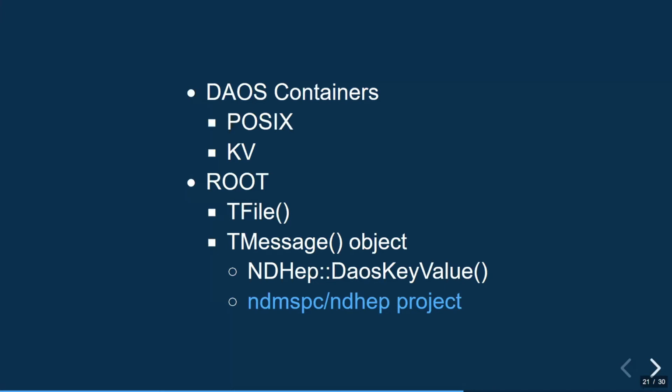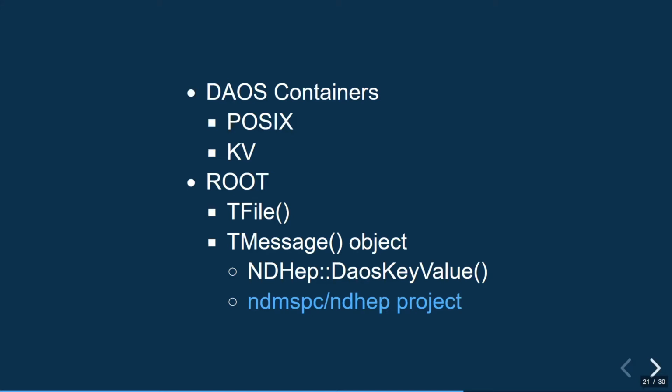We also implemented the DAOS key-value object, which uses the TMessage object, where users can save any ROOT objects as bytes, and then via the DAOS API interface we store them in the key-value.